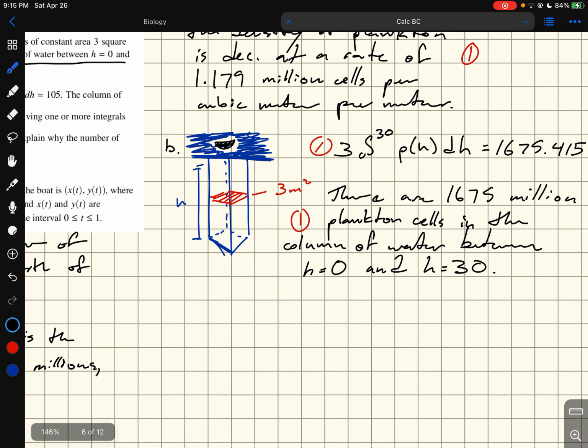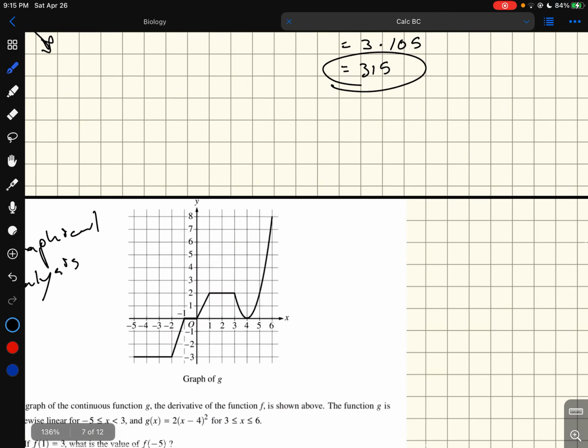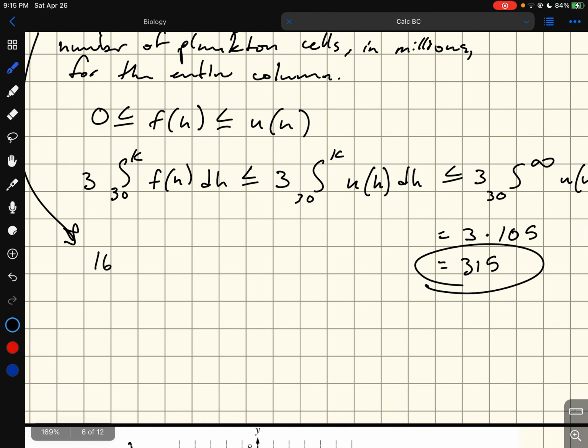So this number was, what was it? 1,675.415. Okay, 1675.415. And then we're going to bring this one into it, plus 315. And that equals 1989. What?